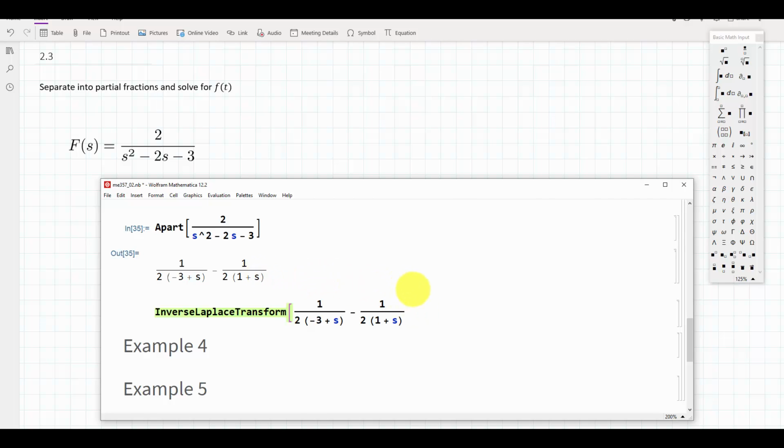When we use the inverse Laplace transform function, we then have to tell it what domain we are going from, in this case, s. It doesn't assume it's s necessarily. We have to tell it we're going from the s domain and we're going into a time domain that we're going to call t. So now it knows what we're calling the frequency domain and what the time domain is going to be called. And we can end it and run it.